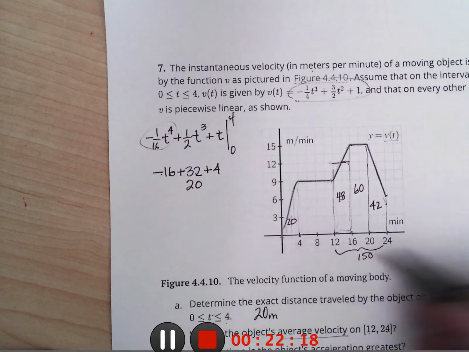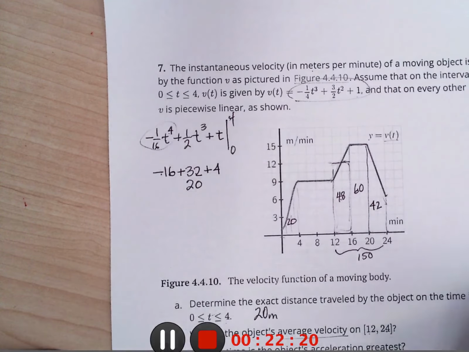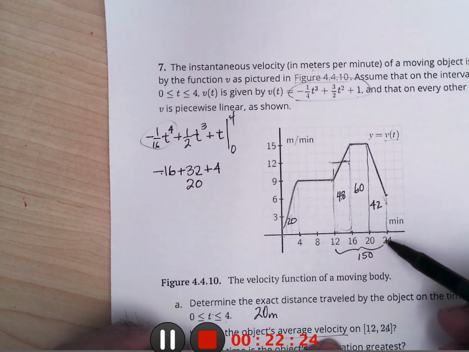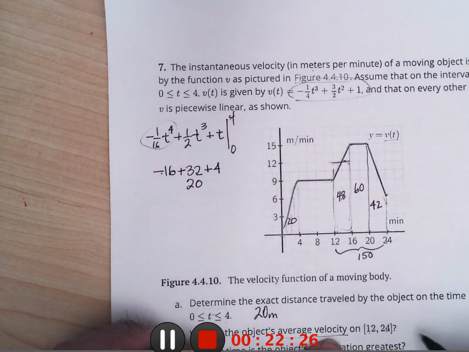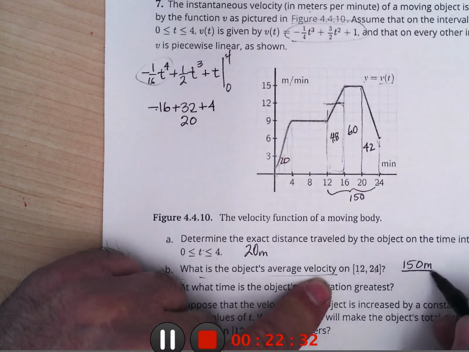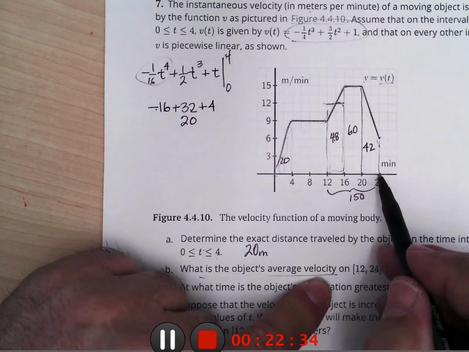And if we want the average velocity, we take the total change in distance, 150 meters, divided by how much time it happened, which was 12 minutes.